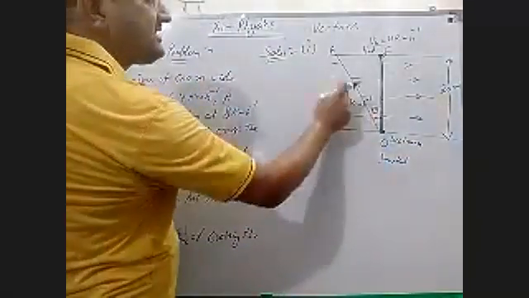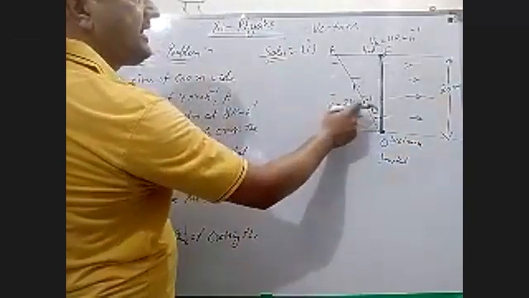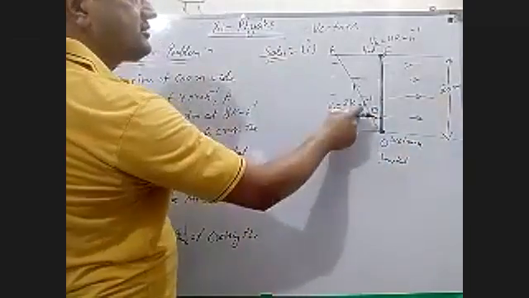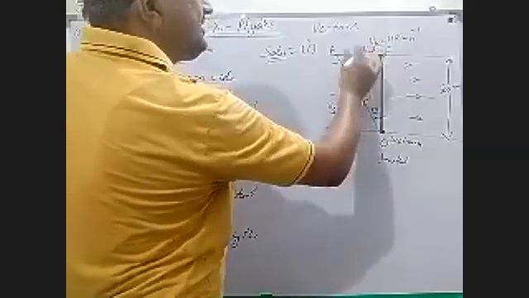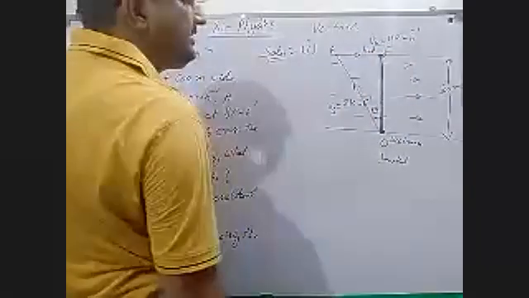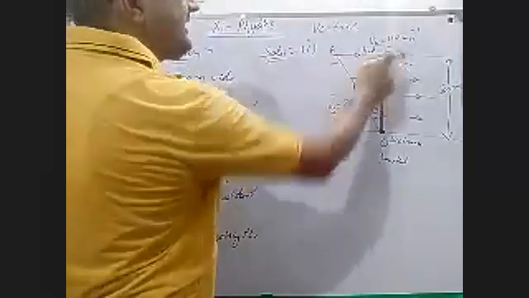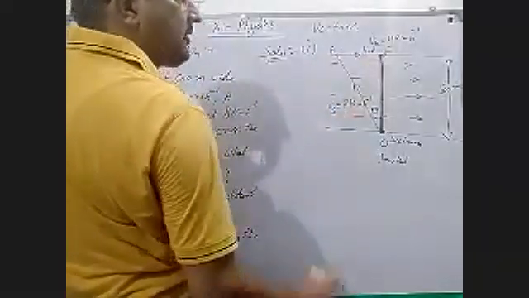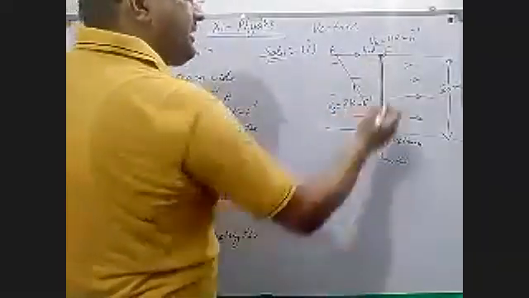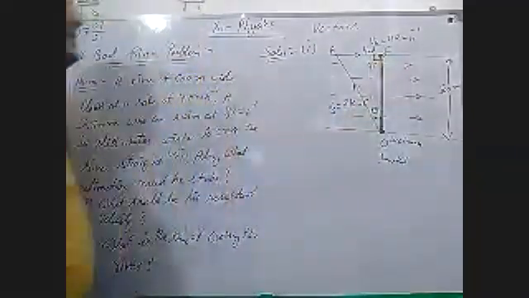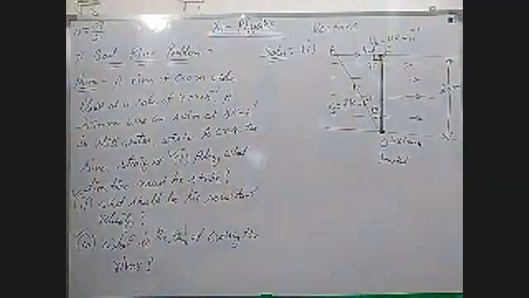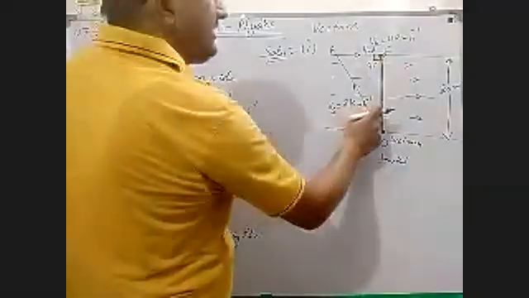Now this is the direction of swimmer, 8 kilometer per hour velocity, and this is river velocity in this direction. You can take along AC, OA swimmer, AC river. And you can see here this is a right angle triangle, and you want to calculate this value theta.